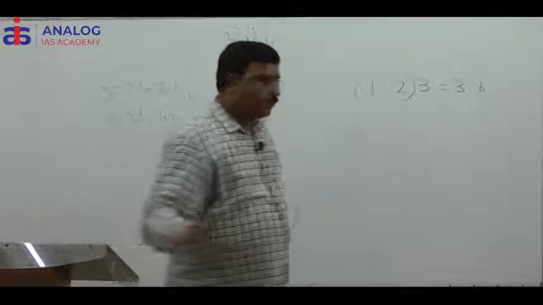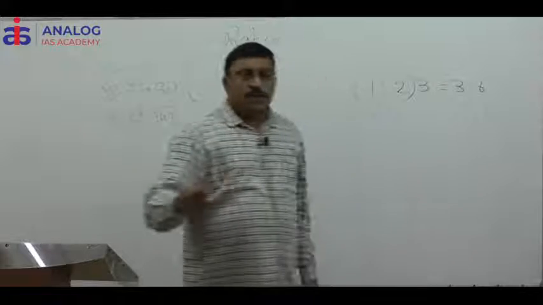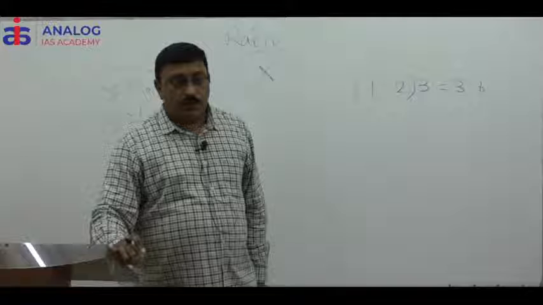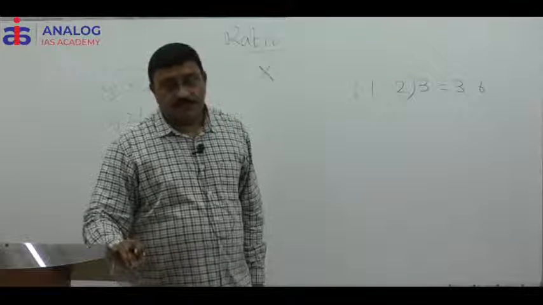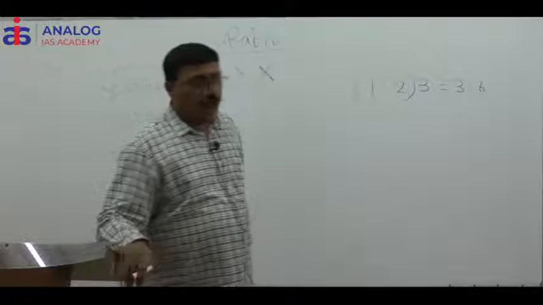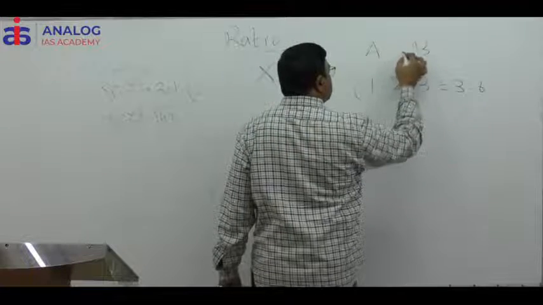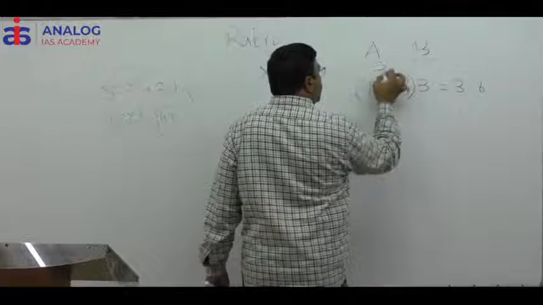First one. The present ages ratio of A and B is 3:5.